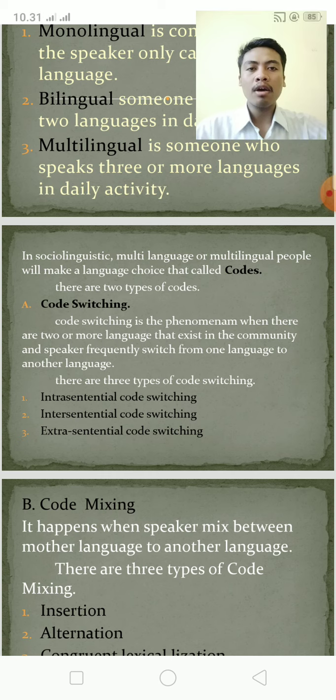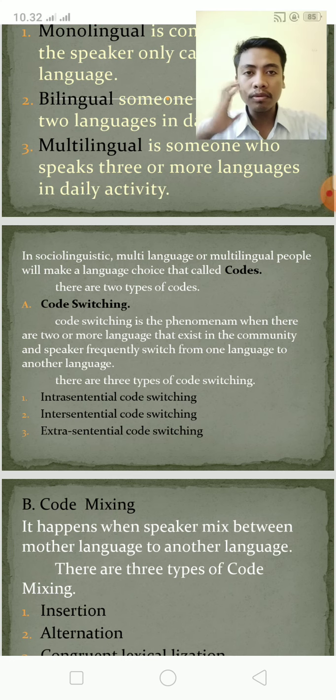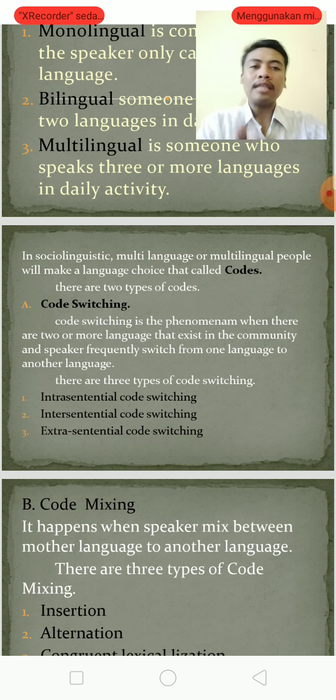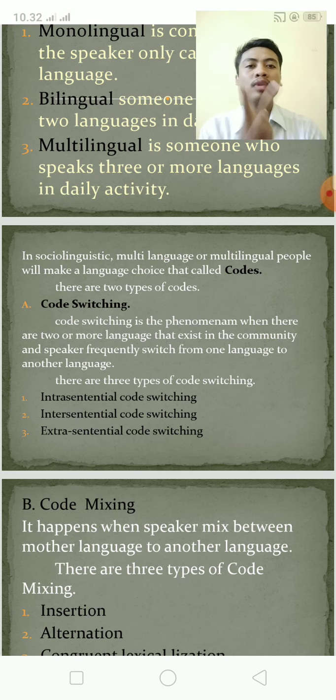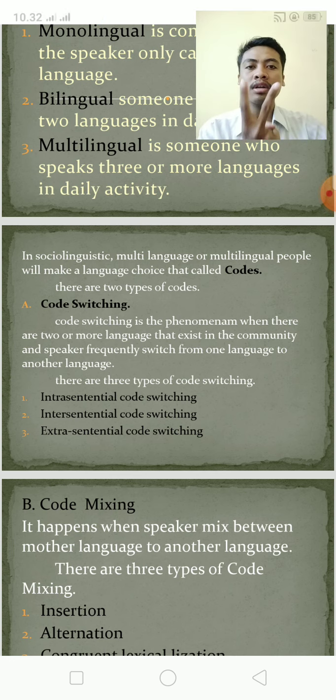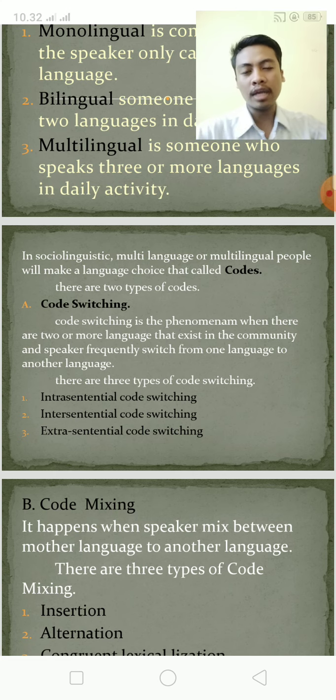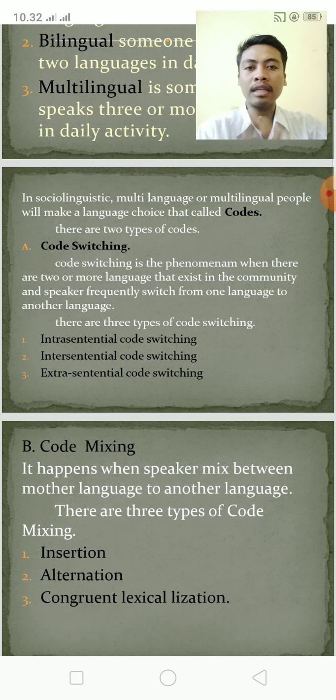For example, with an interjection: Watch out, kepalamu. We have two languages, Indonesian and English, and we have an interjection. Watch out, and kepalamu in Indonesian. I think that is clear.